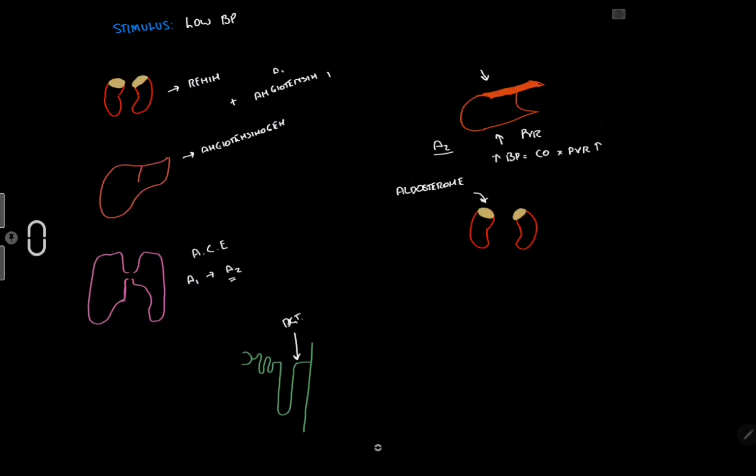Now, at the DCT, aldosterone will then begin the process. It'll bind to the G protein coupled receptor, and secondary messenger systems will then produce proteins on the membrane. Proteins such as sodium, potassium, ATPase pumps.